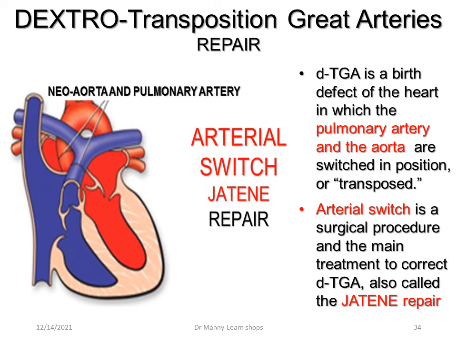The arterial switch, however, what it does, it now switches the pulmonary artery back to its original position, but it uses the aortic valve for the pulmonary artery, and the aorta goes back to its original position, but it uses the pulmonary valve.